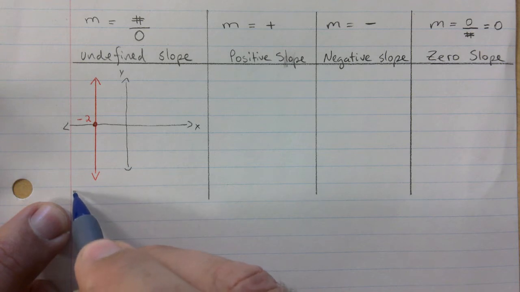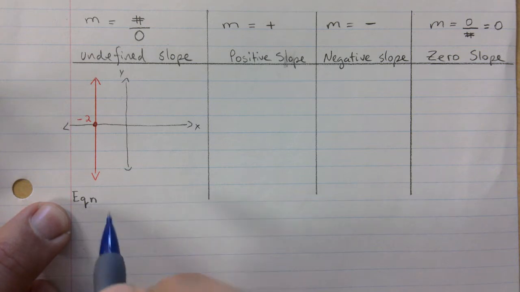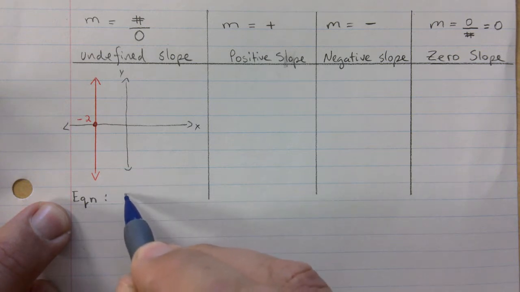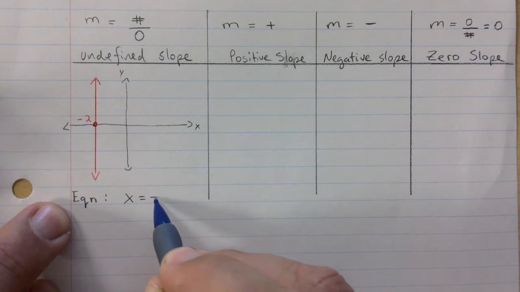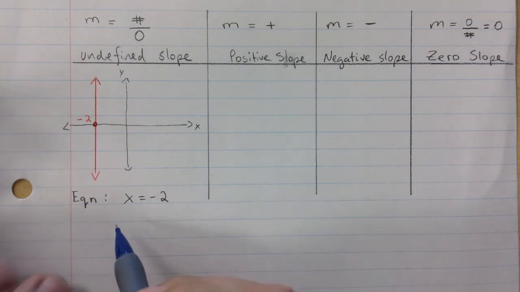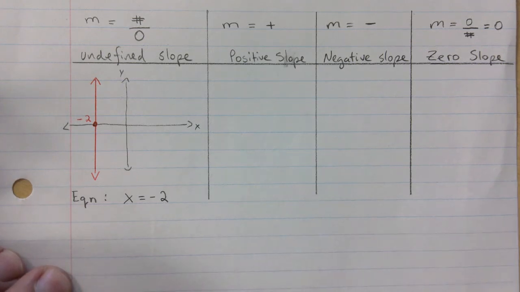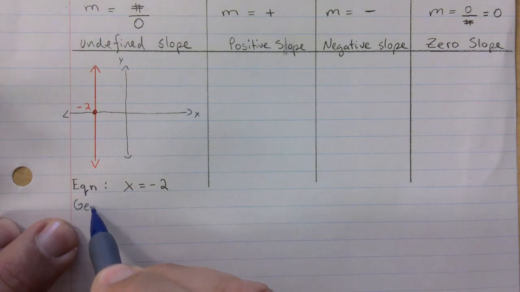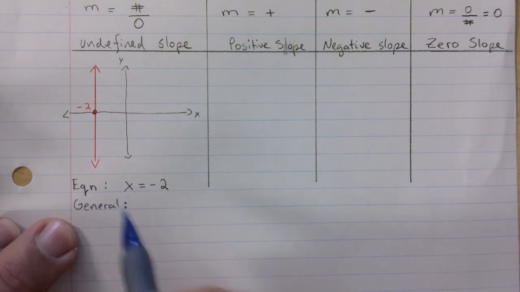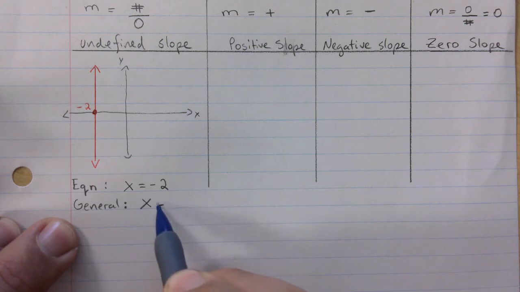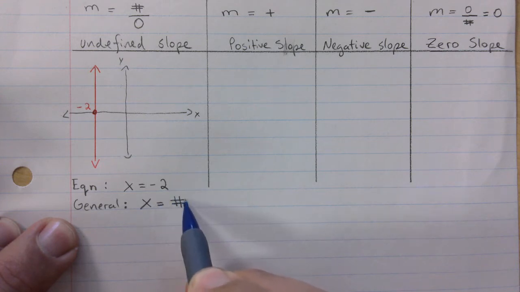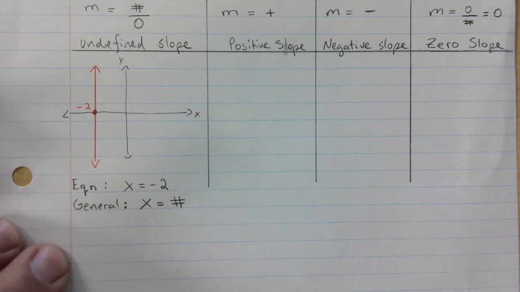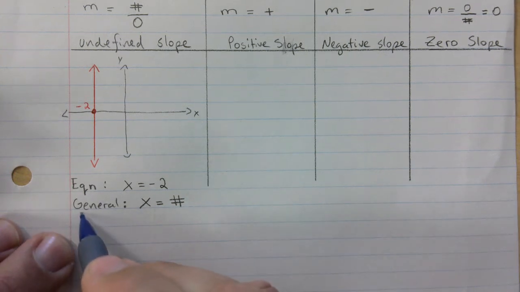So the equation in this case would be x is equal to -2. So in general, it is going to be x is equal to a number. And it will be a vertical line.